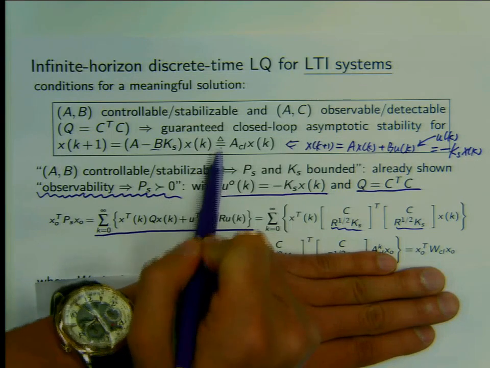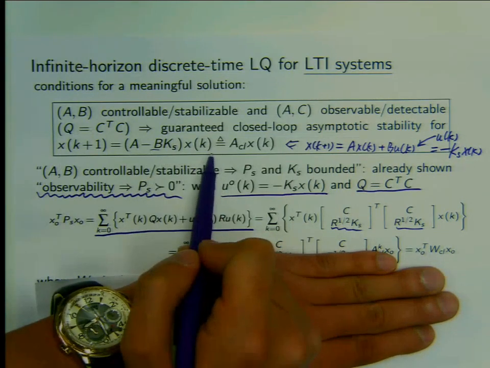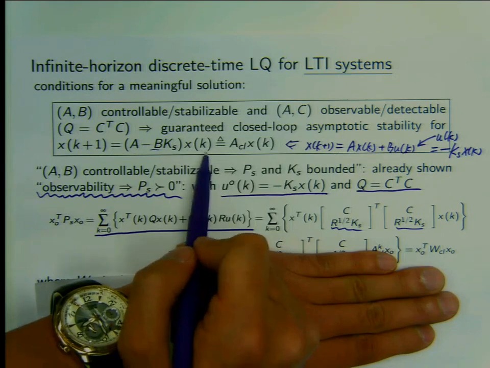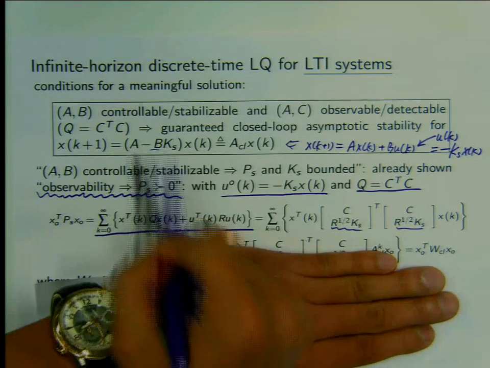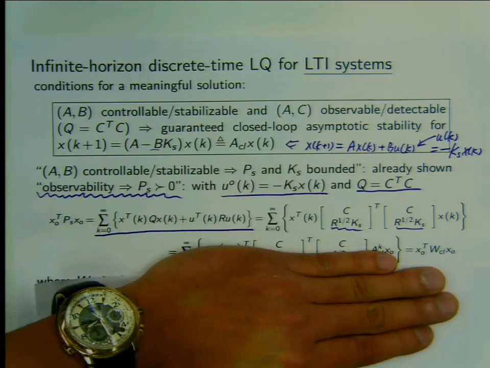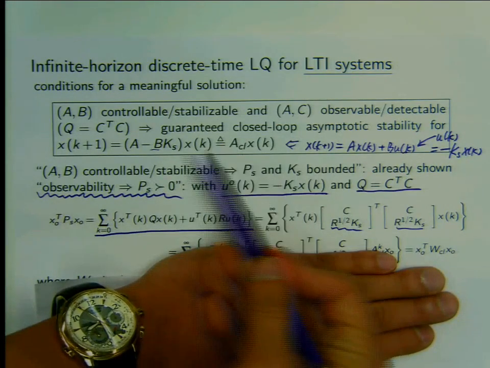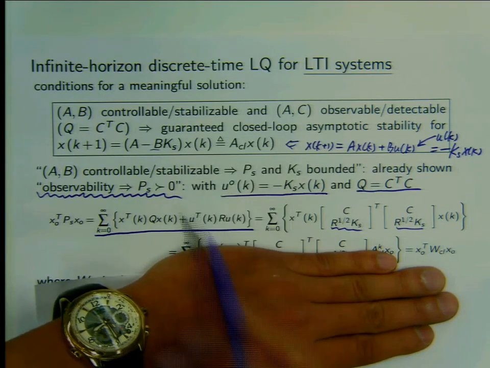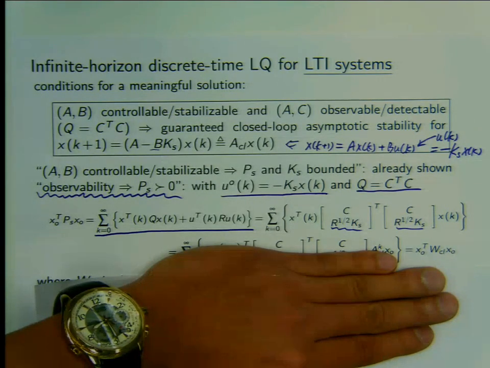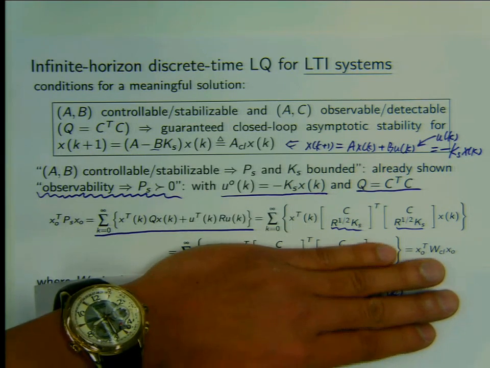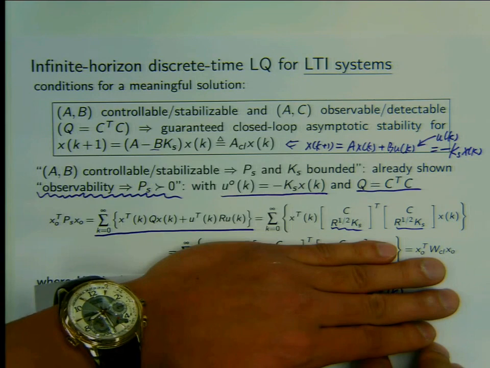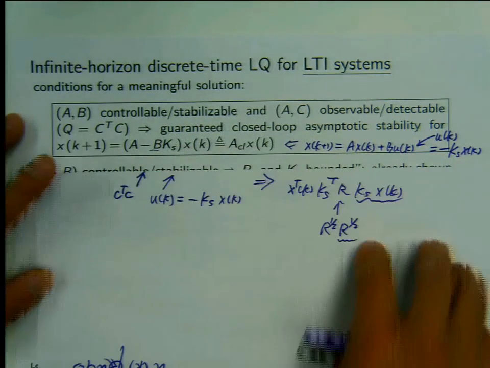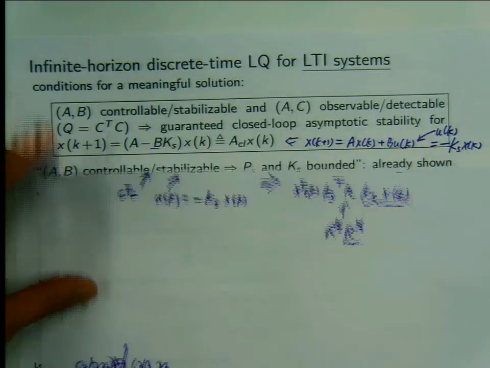If I just give you this equation here and I ask you, what's the mathematical solution for x of k? If I just give you this one, I give you the initial condition, I give you this dynamics of x of k. What's the solution? This is a review of ME 232. So the question is, let's say, take one more simple example.